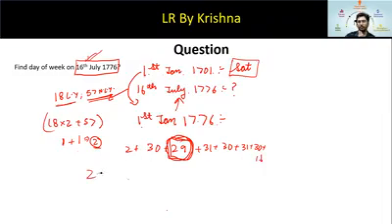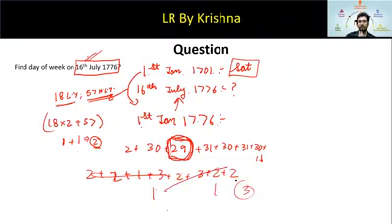So what are you getting? 2 plus, I'm just dividing by 7 now, the total comes to 2 plus 1, 3. Correct? Right? Any doubt in this? Anyone?